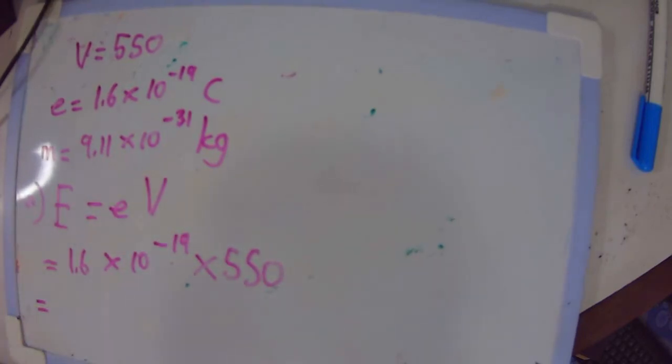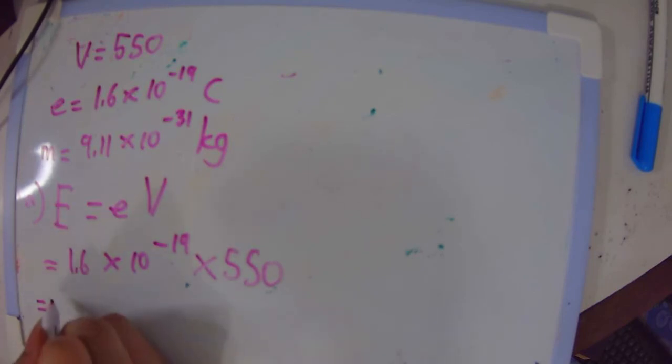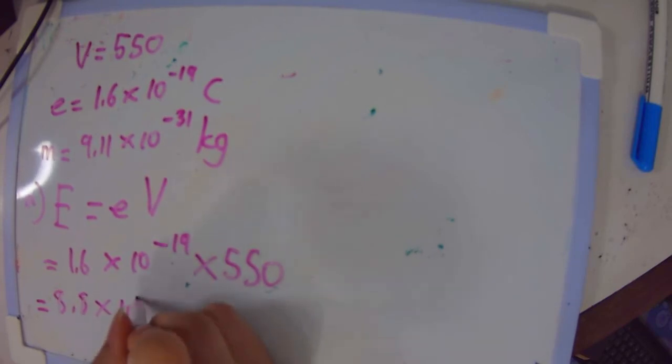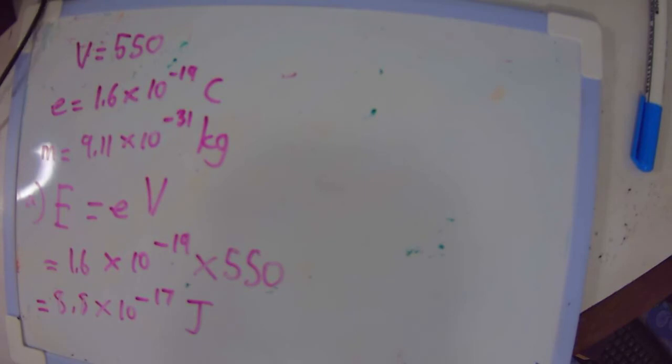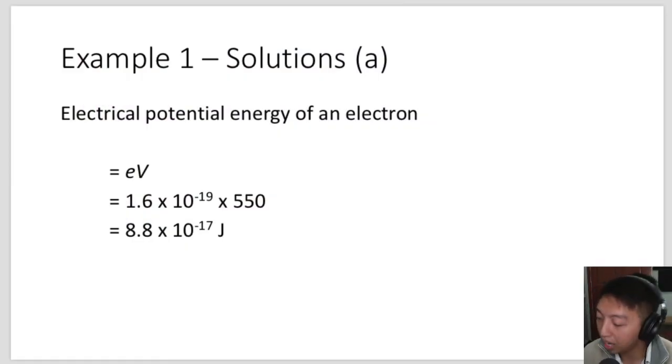You get a total of 8.8 times 10 to the power of negative 17 joules. So that is the potential energy for this question. I actually already wrote all the solutions in the slides as well, so you can check that out, and it's in your textbooks anyway. So this is the amount of potential energy of an electron.